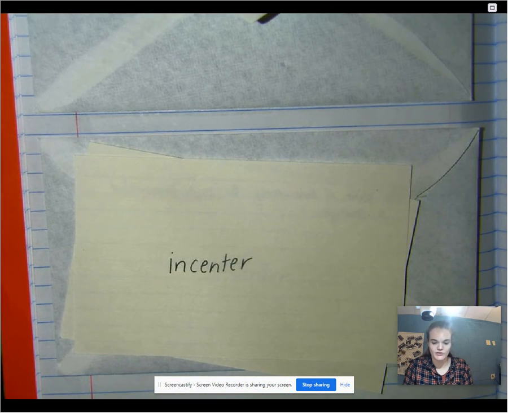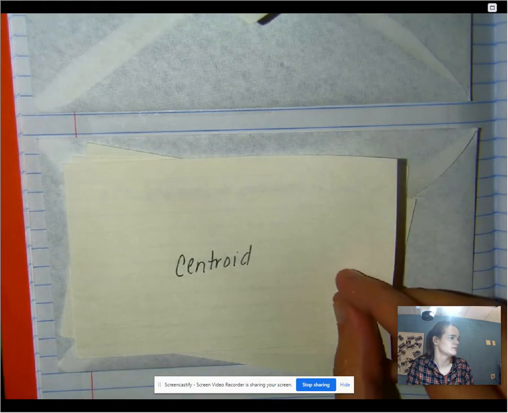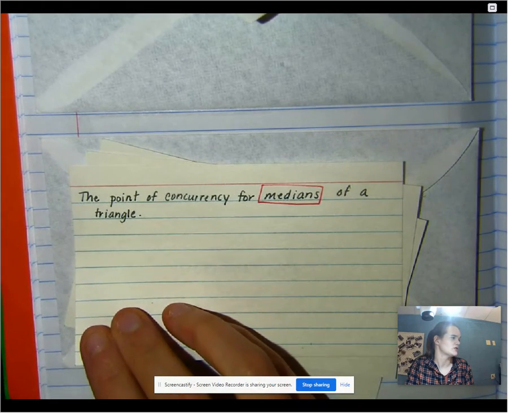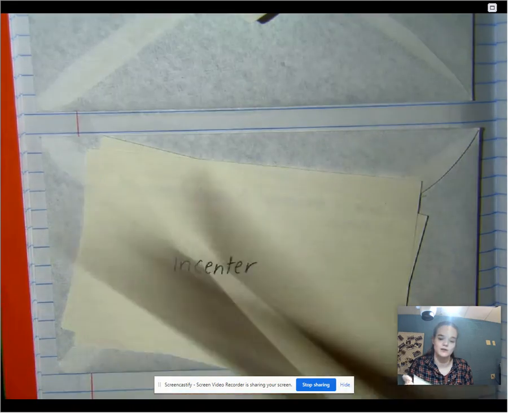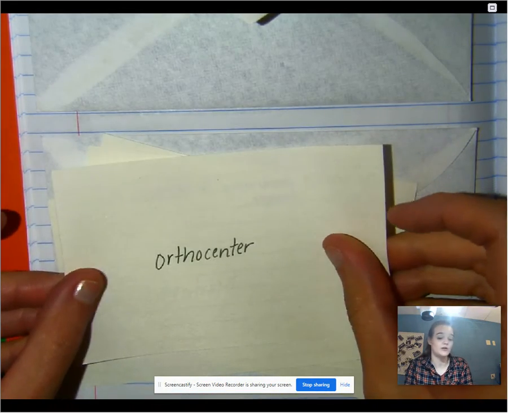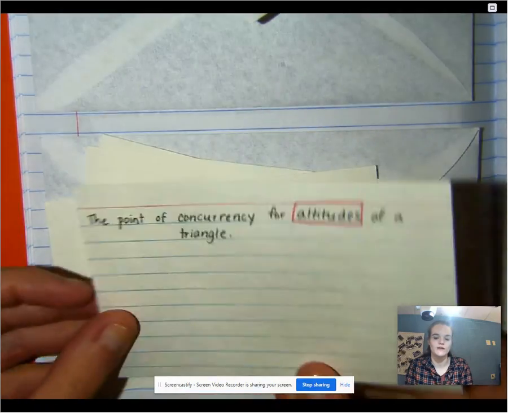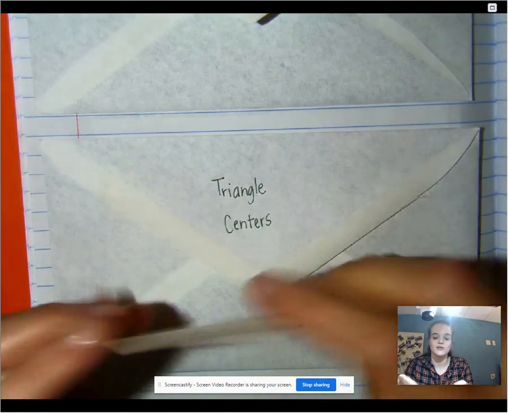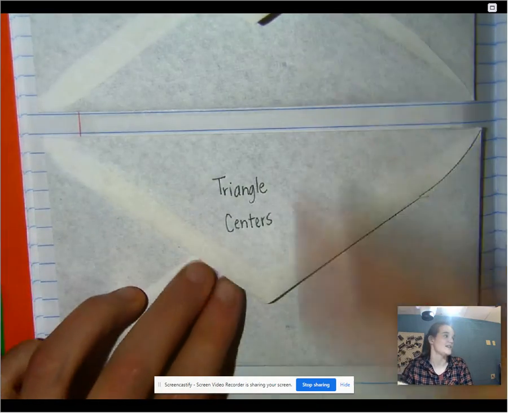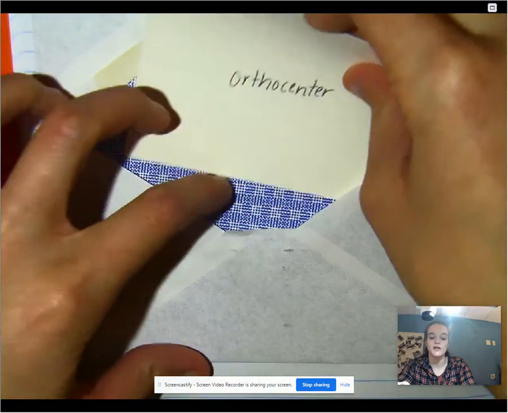Then you will put in centroid, the definition, which is why we're defining these words like medians and such. You need to know what those mean. And orthocenter. So there are 4 triangle centers. And there's the definition.